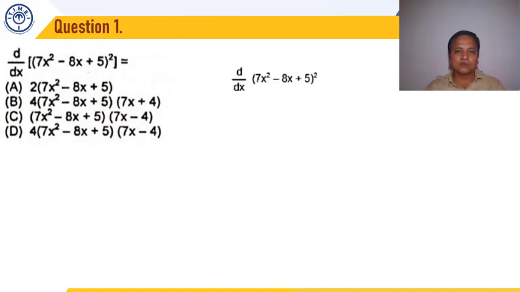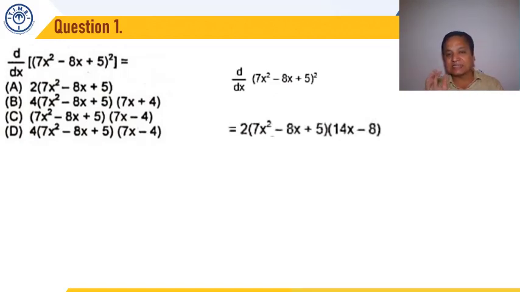So this comes out to be 2 multiplied by (7x square minus 8x plus 5) to the power 1 multiplied by differentiation of what you assumed as x, that is 7x square minus 8x plus 5, whose differentiation is 14x minus 8. You use the formula differentiation of x to the power n is n x to the power n minus 1. So whatever value is given in the bracket we take it as x.